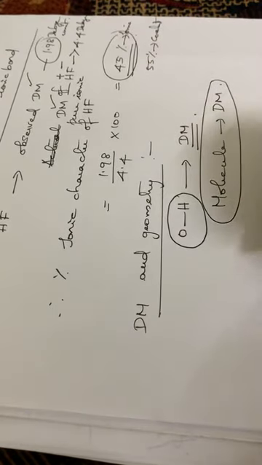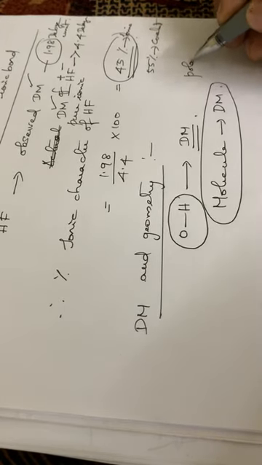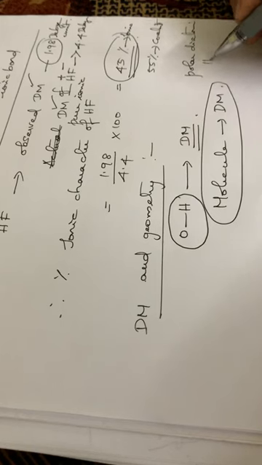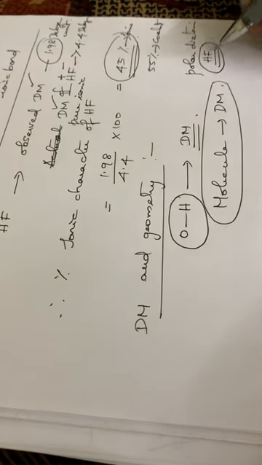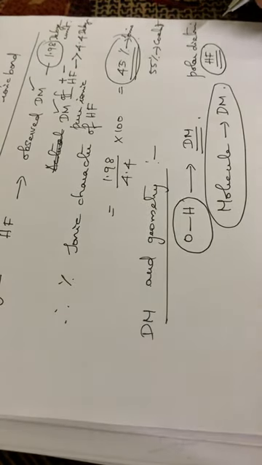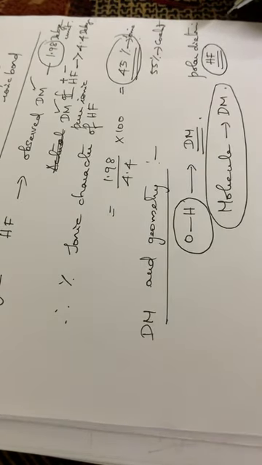So if a diatomic molecule is polar, a polar diatomic molecule means the bond will also be polar, isn't it? For example, we have seen HF molecule. The HF molecule, the bond is polar, then the molecule will also be having polar nature. Okay, so if the bond is polar, then the atoms will also become polar.